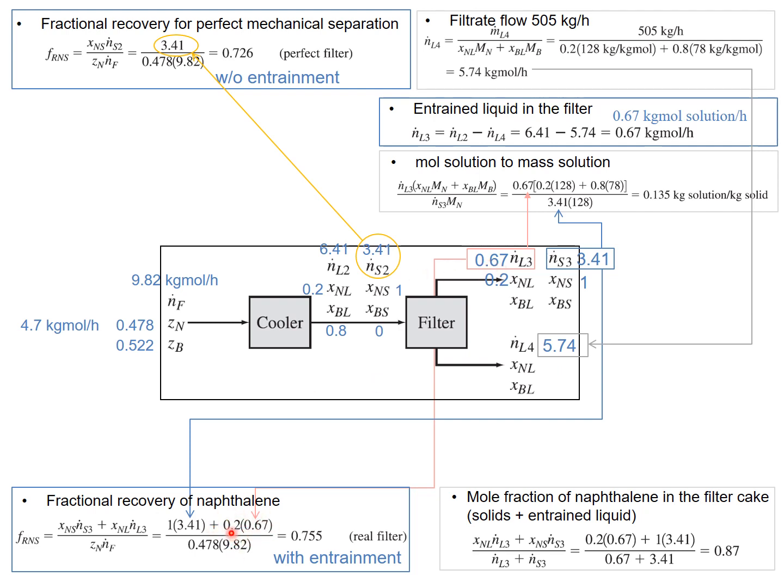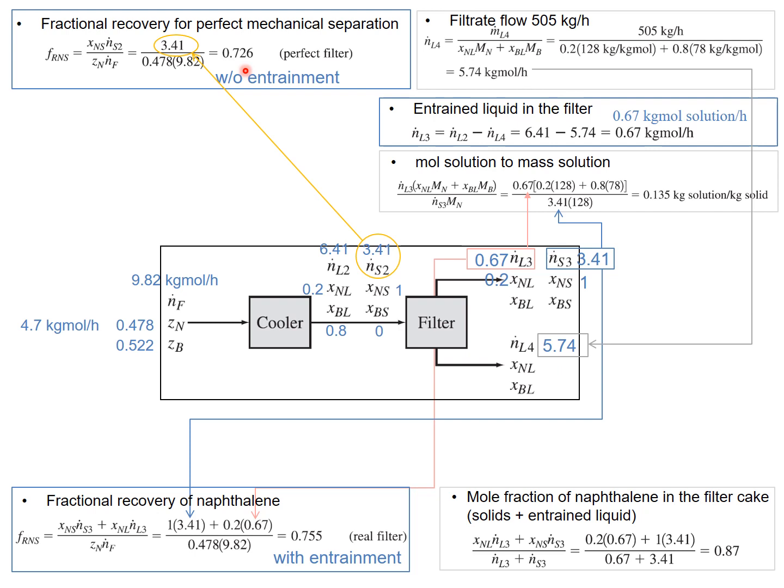So when compared with the fractional recovery for perfect mechanical separation, the naphthalene value would increase, or be larger than the perfect separation, because we have more naphthalene there. That is the entrained liquid. So in this real filter having entrainment, we have a higher fractional recovery, about 75.5% compared with 72.6% for the perfect filter.